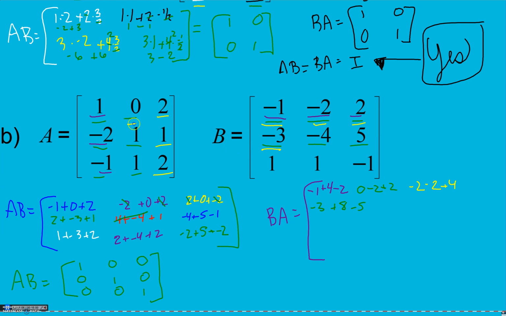Negative 3 times 0, negative 4 times 1, 5 times 1. Negative 3 times 2, negative 4 times 1, 5 times 2.